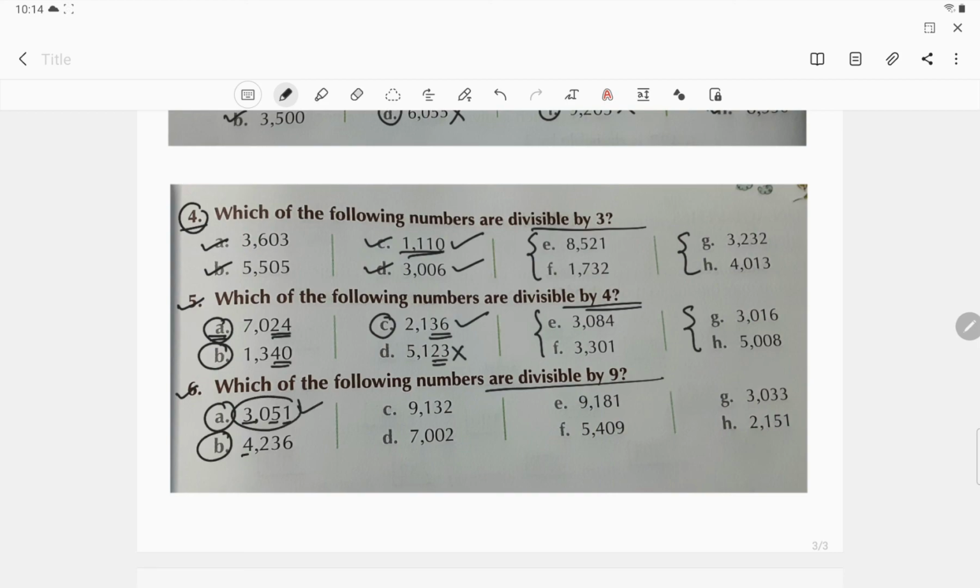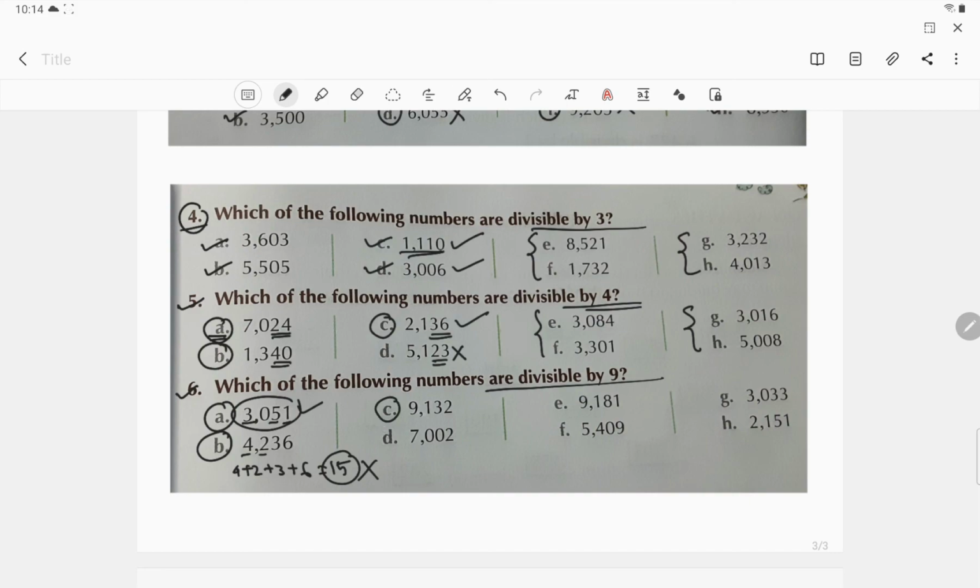B number, 4 plus 2 plus 3 plus 6. 4 plus 2 is 6, 6 plus 3 is 9 and 9 plus 6 is 15. Yes, 15 is not divisible by 9, so it will not be divisible by 9.